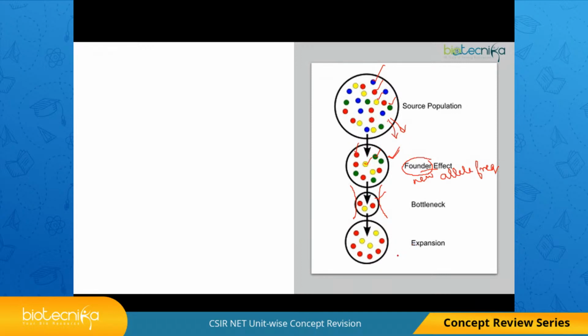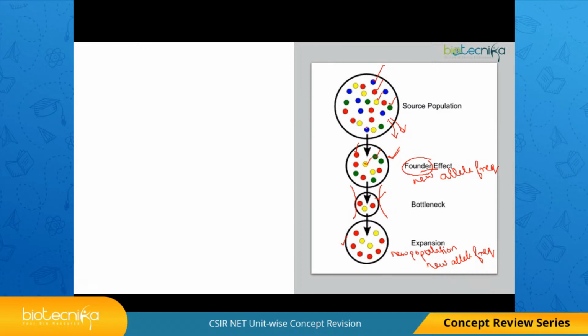Again, you have a new population with a new allele frequency, because only those who are surviving are reproducing to increase the population. So this is again a new population after the expansion, with a new allele frequency.